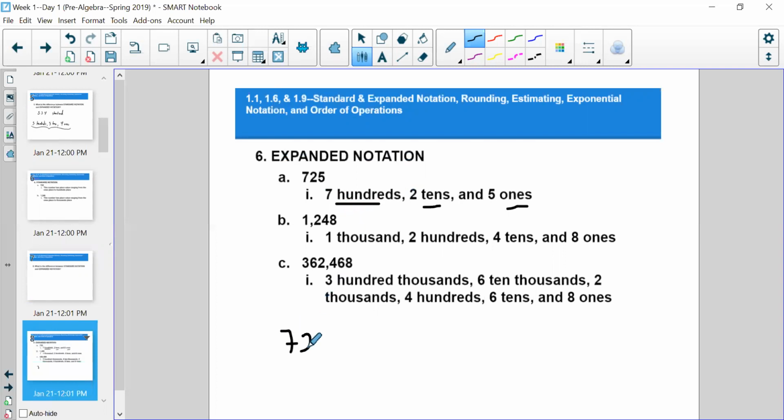So if I had 725 and I'm looking at this and say, what's the place value? Well, that would be hundreds. And then back to these, 1,248, I've got 1,000, 2 hundreds, 4 tens, 8 ones. So we're expanding it with words by place value.